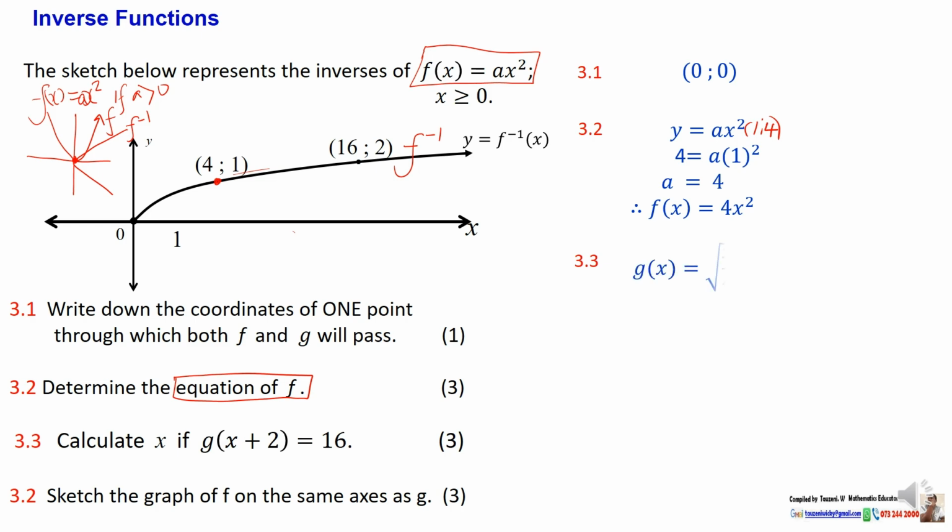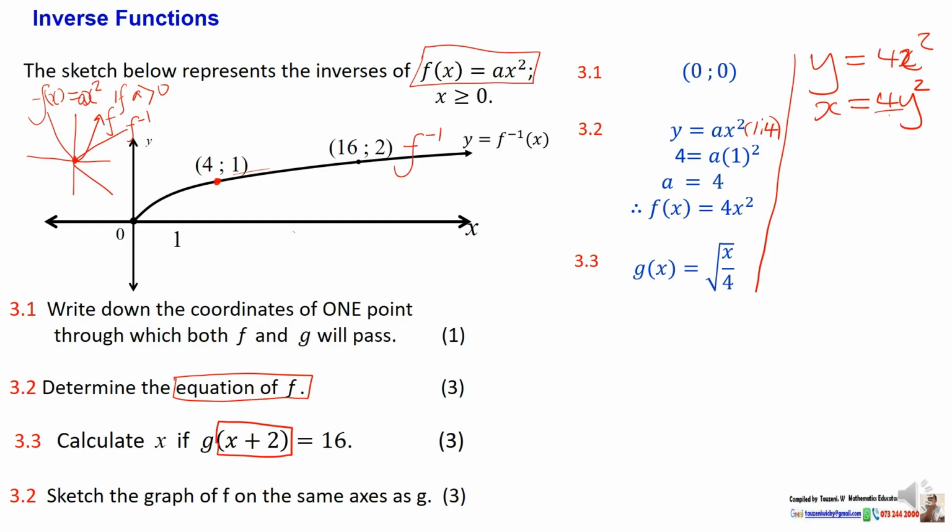Number 3.3, this one is basic algebra. In the equation of g, just take notice that in this case we don't have the equation of g. We may have to find g first before we do anything. So from y is equal to 4x squared, g is the inverse. So you swap x and y, that will give you x is equal to 4y squared.